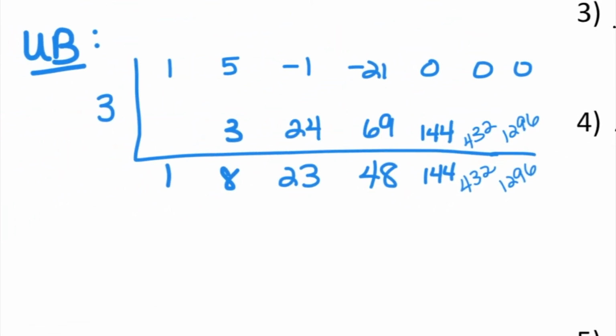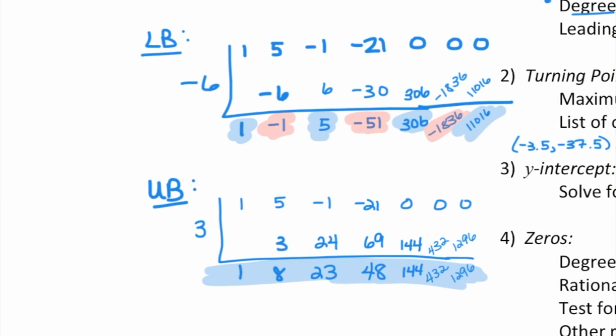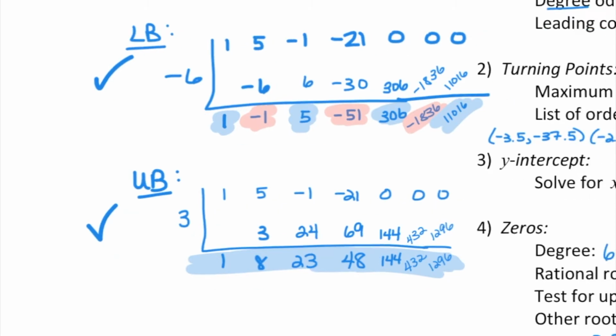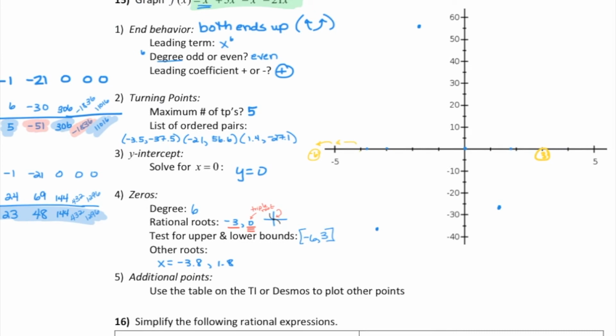And therefore, we have the whole bottom row is positive, and therefore the function passes both the lower and the upper bounds test for the interval -6 to +3. That was painful. So now on Desmos, you've got a table of values.